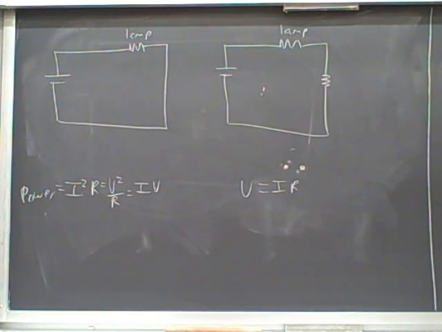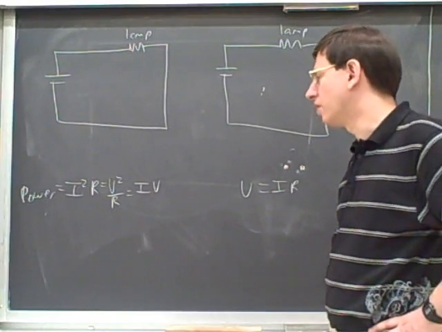So in series you add them, so there'll be more resistance. But now it depends which one. So if I put it into I squared R, there'll be more resistance, less power. More resistance, less power? Which equation are you using? V squared over R.